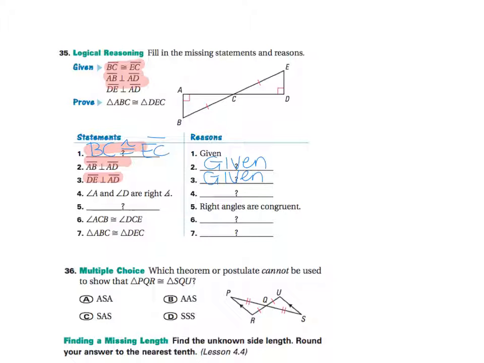Okay, when you say that A and D are right angles from perpendicular lines, it's definition of perpendicular lines. Right angles are congruent. Well, the only place we had anything mentioning right angles was the line above, and that was angle A and D. So these are congruent.